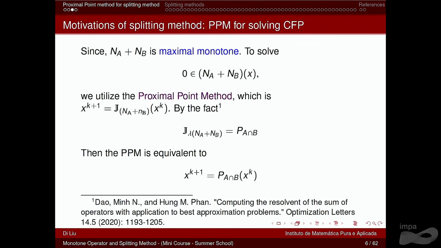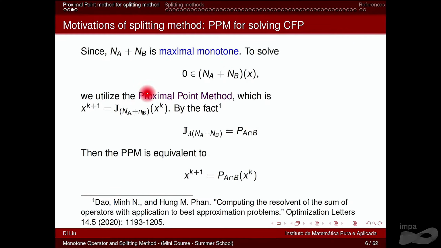Okay? So it is equivalent to solve these inclusion problems. If you solve these inclusion problems, you can solve the feasibility problem at the same time. So now we concentrate on these problems. We already said the sum is maximal monotone, okay?